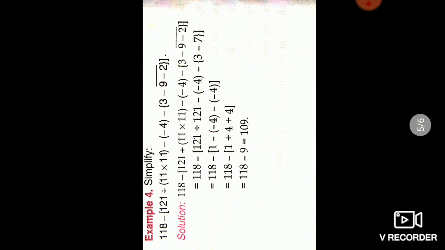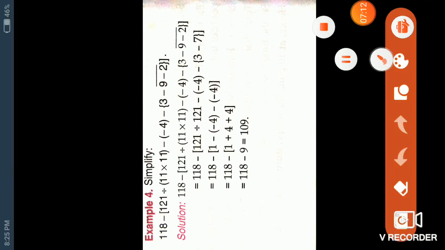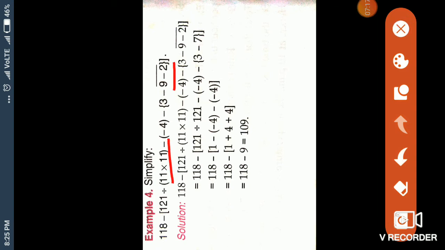118 minus in bracket the bigger bracket 121 divided by 11 multiplied by 11 minus in bracket minus 4 minus bracket middle bracket 3 minus 9 minus 2. So firstly we will solve this one and multiply this one.